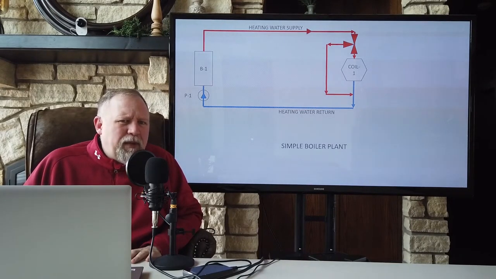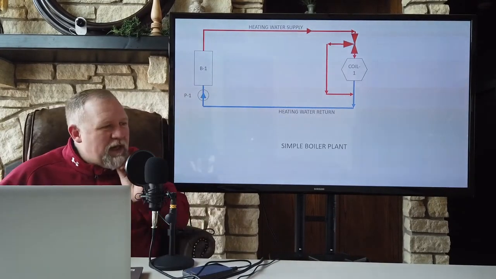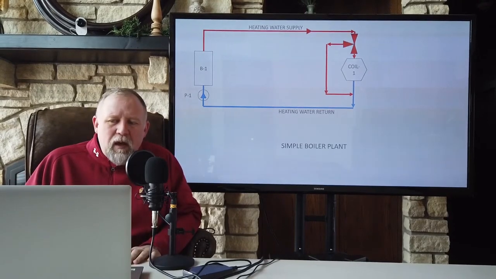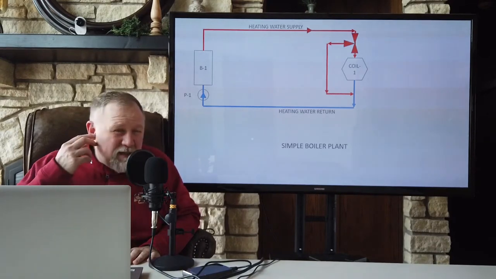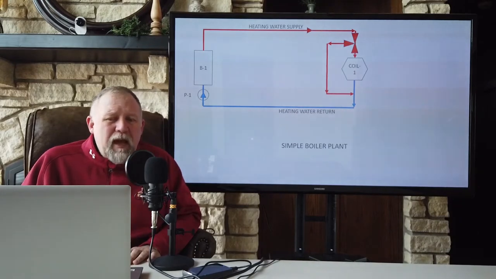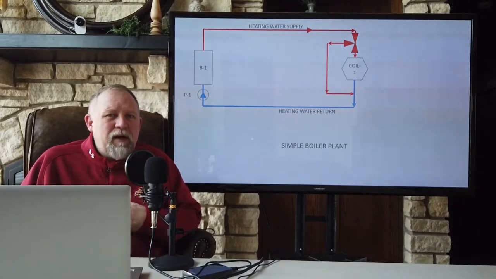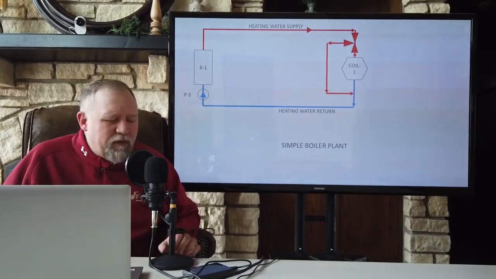Kind of like supply air temperature for air conditioning systems, the delta T from heating water supply to heating water return is usually designer's choice. Common delta T's between supply and return are like 20 degrees, probably no more than 40 degrees. In my personal experience, I like to use a 20 degree delta T.